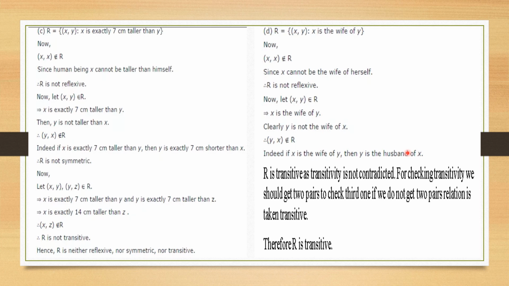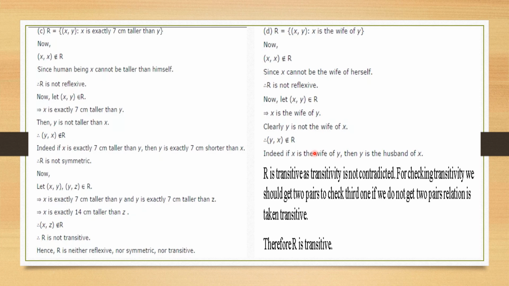Now again in this question, for checking transitivity, I should get xy and yz. Means what does xy belongs to R and yz belongs to R say? xy belongs to R says x is the wife of y. That means y is a boy, a male.